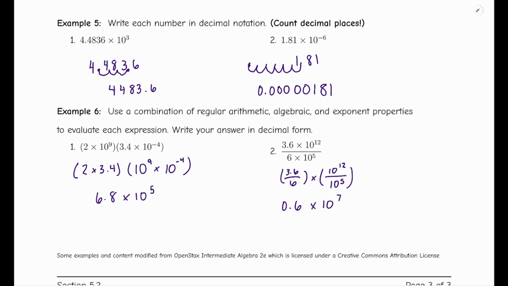So I have to actually convert 0.6 to scientific notation. The decimal is here, I want it to go here. So it's 6 times 10 to the first power. And was 0.6 considered a small number or a large number? I consider it a small number, so that's negative 1. And then I can combine that with the times 10 to the seventh. So our final answer is 6 times 10 to the sixth.